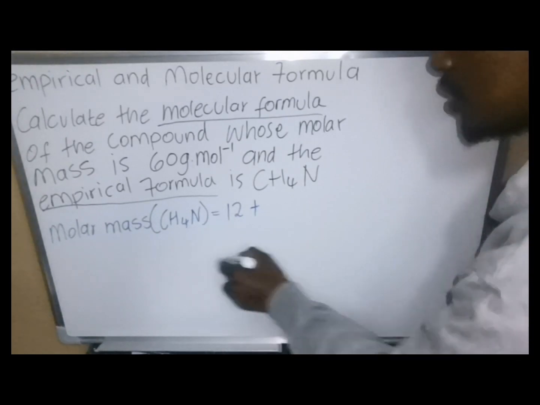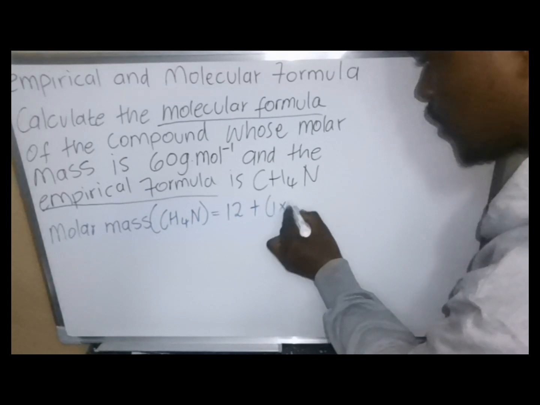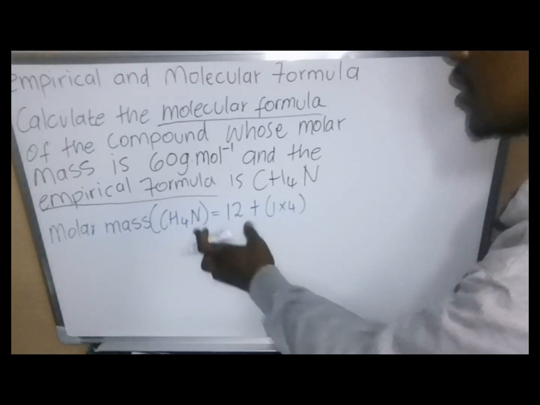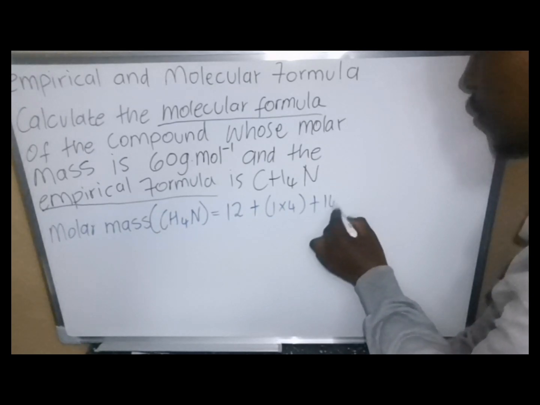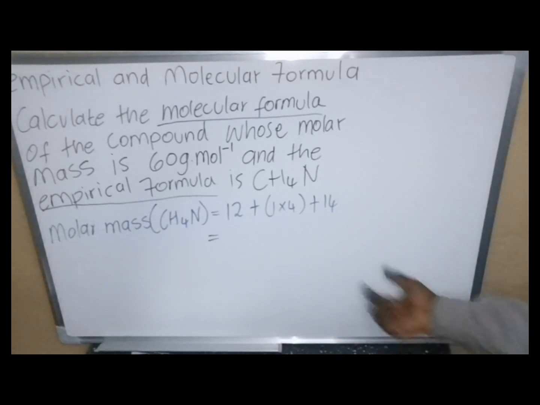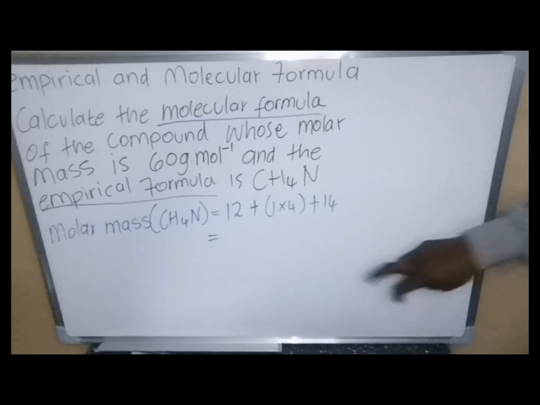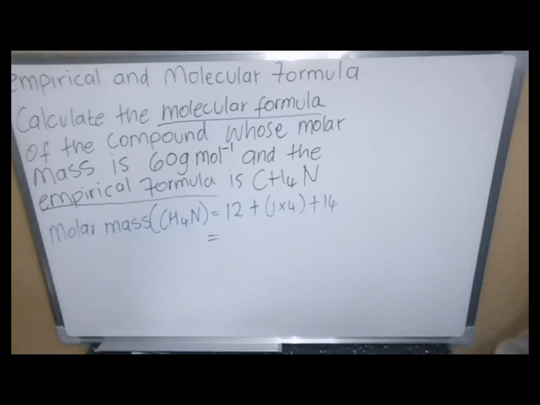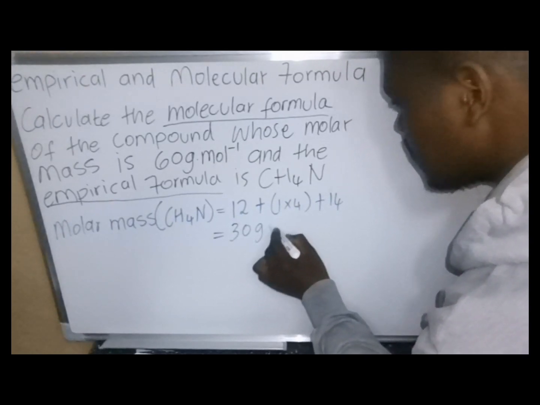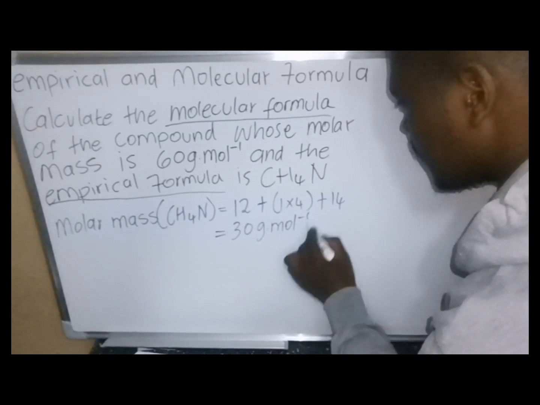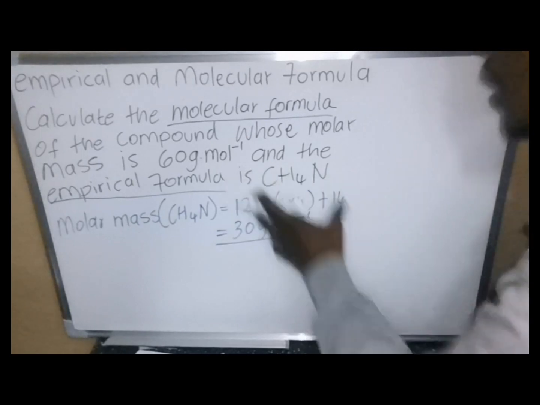Hydrogen has 4 atoms here, so you say 1 times 4. What is the atomic mass of nitrogen? 14. Therefore, plus 14. On a calculator, 12 plus 4 is 16, then 16 plus 14 is 30. So it's 30 grams per mole. This is the answer for this one.